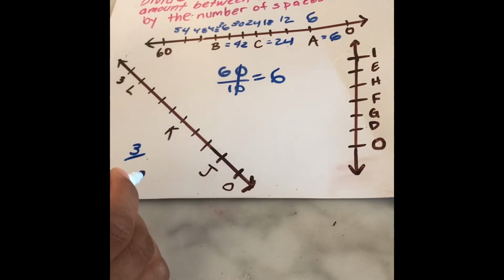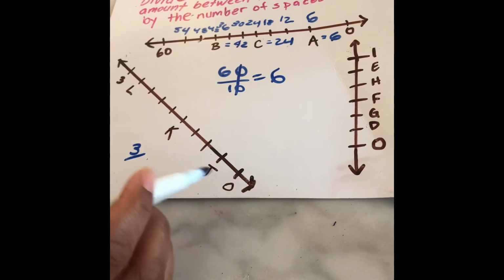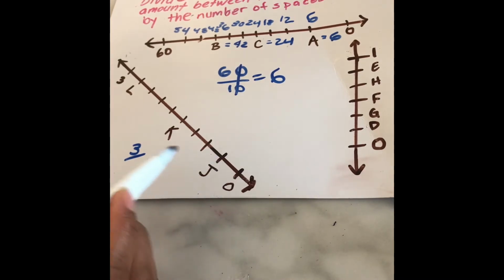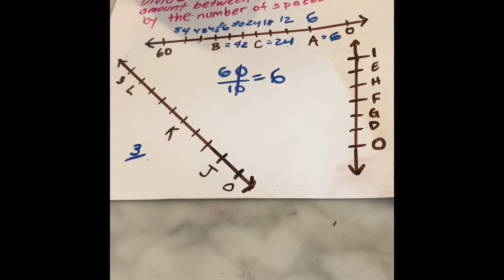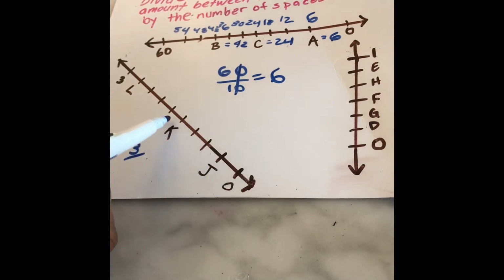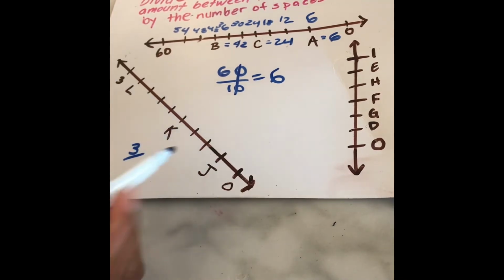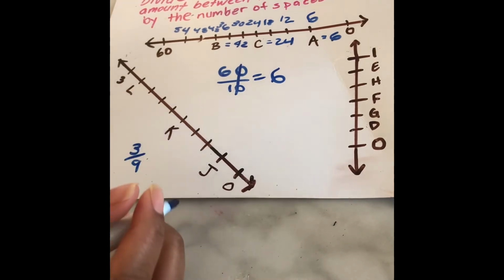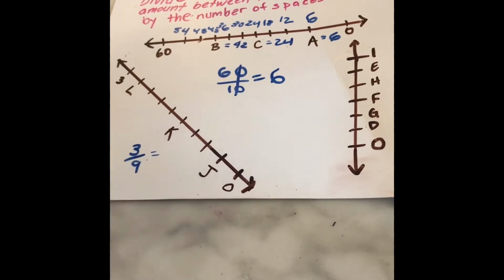So we're going to find the scale here. What is the scale? The scale is the distance divided by the number of spaces. So we have 1, 2, 3, 4, 5, 6, 7, 8, 9. 3 over 9.